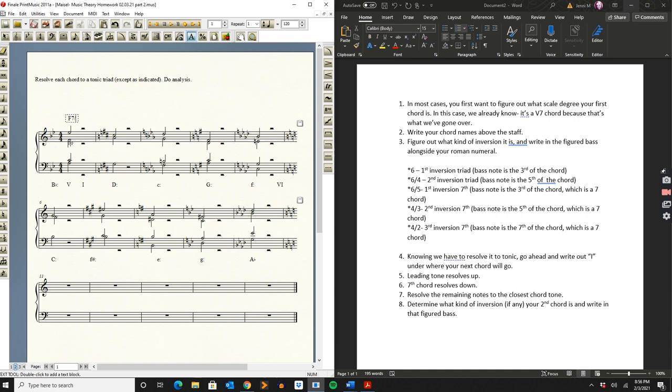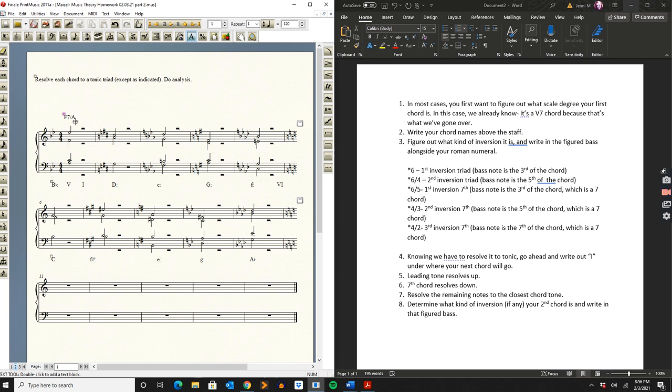We're going to write it over the bass note, which is an A, because this is clearly not root position. If you did not know that F7 was the 5/7 chord of a B flat major scale, at this point you know it's a 5 chord because F is the 5th scale degree in a B flat major scale.